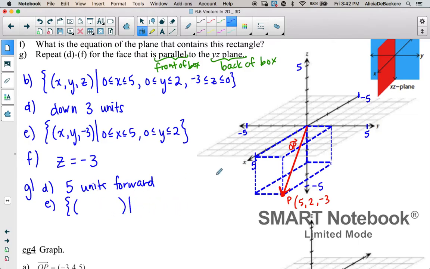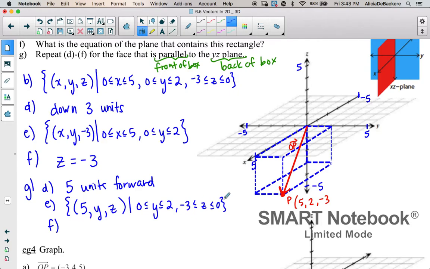This time the x number, the front of the box, is always 5 units forward, but the horizontal and vertical numbers can change. The horizontal numbers have to be between 0 and 2, and the vertical number, up and down, has to be between -3 and 0.